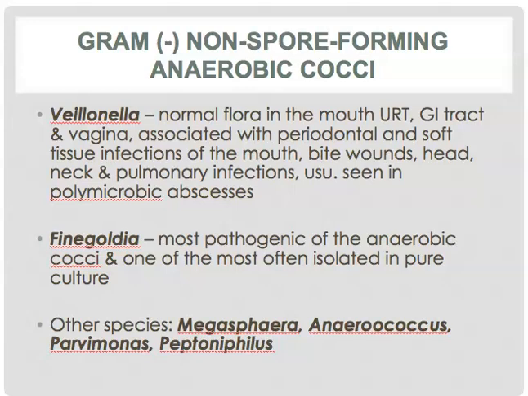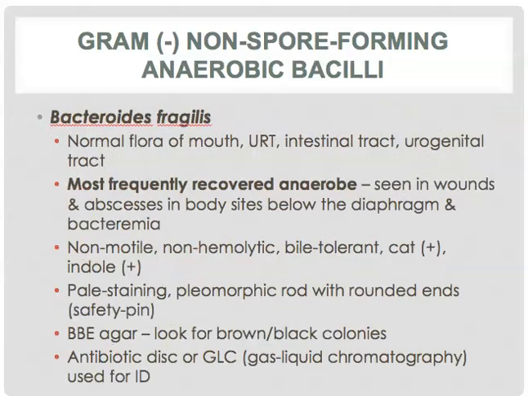You'll usually see it with polymicrobic abscesses, and again, polymicrobic just means more than one bacteria. Finegoldia is the most pathogenic of the anaerobic cocci, one of the most often isolated in pure culture. And again, just mentioning a few other species here: Megasphaera, Anaerococcus, Parvimonas, and Peptoniphilus. Again, just kind of know that they're in that group.